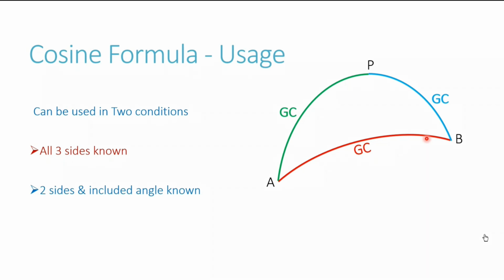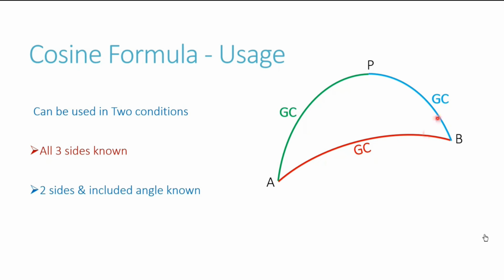If you know an angle other than the included angle, then in that case cosine formula will not be applicable. So to give you an example, if you know side PA, the green color side, and side PB, the blue color side, and you know angle A. So in this case, angle A is not the included angle, and we will not be able to use the cosine formula here.